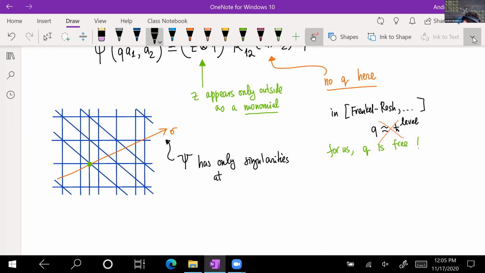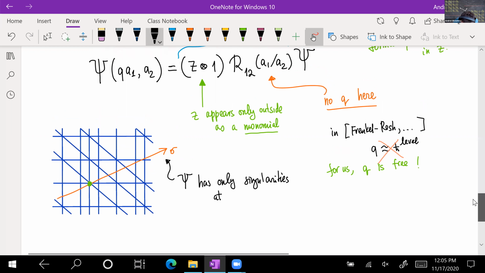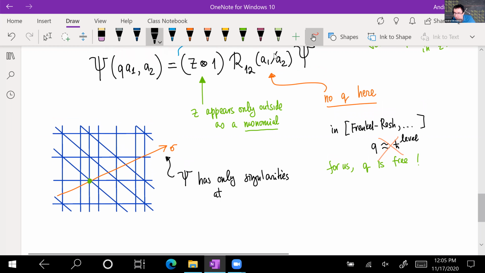At what? It has whatever singularities it had, here at one, and just powers of q, if you will, at q to the n times something.